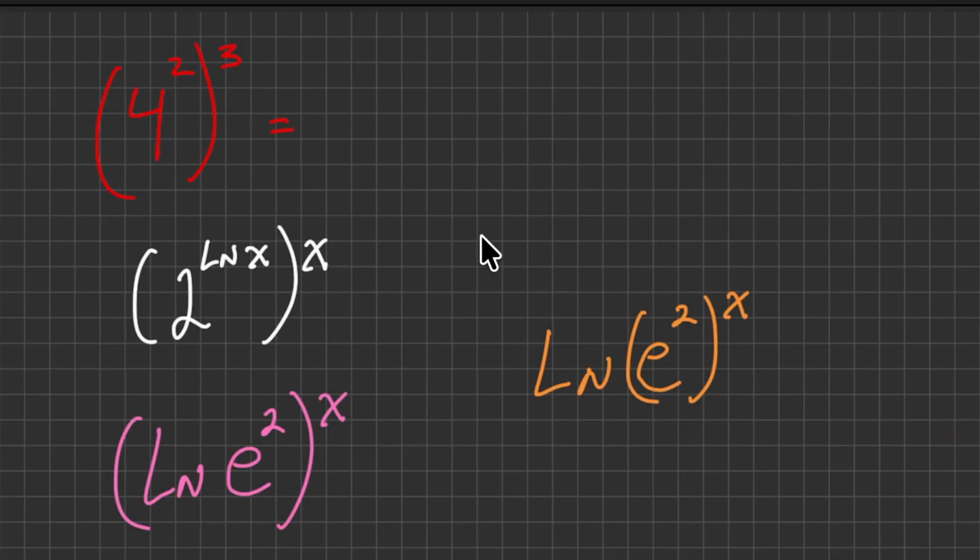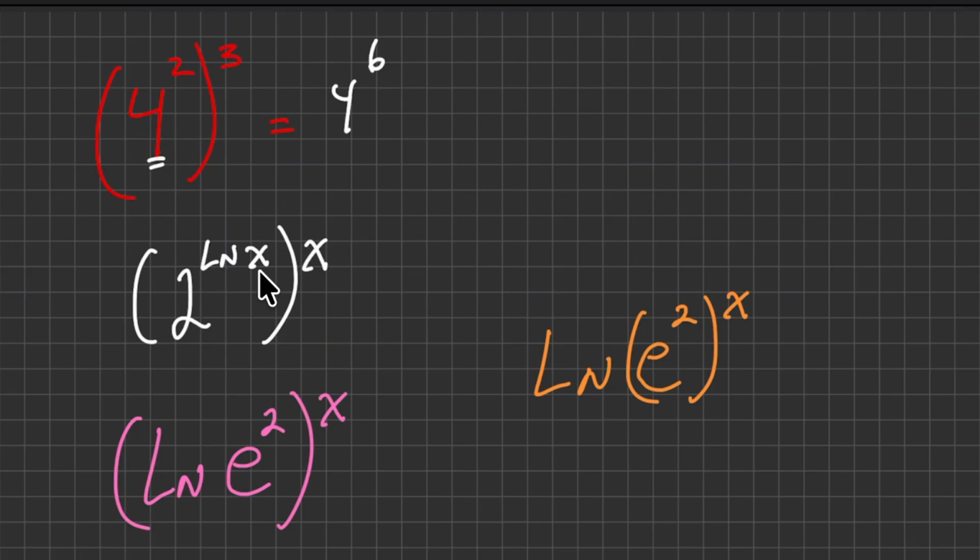I want to say a few words about the importance of understanding the difference between dealing with a log and dealing with an integer. Up top, we're going to use the power rule, and because this is just an integer, we're going to have 4 to the 6th power.